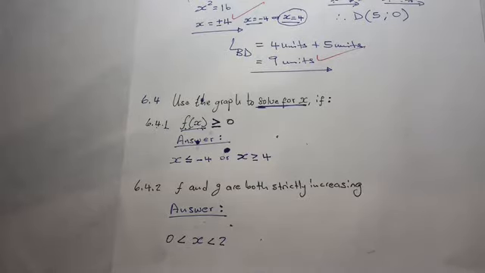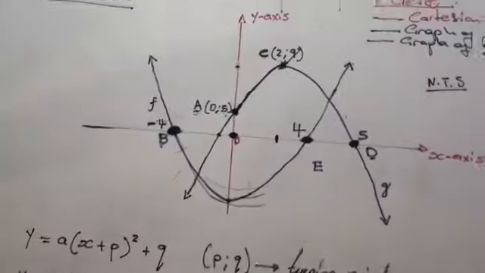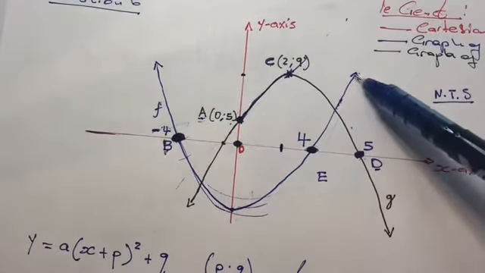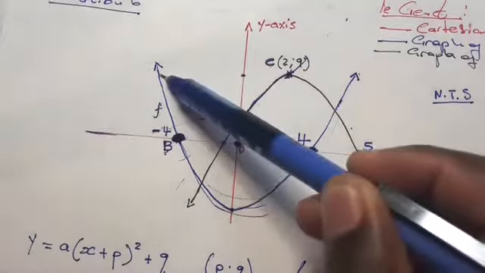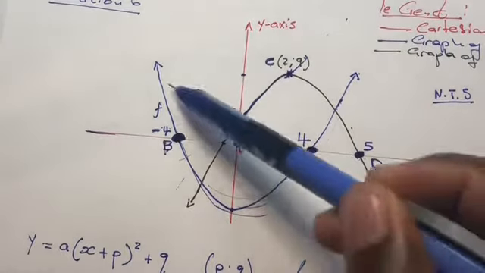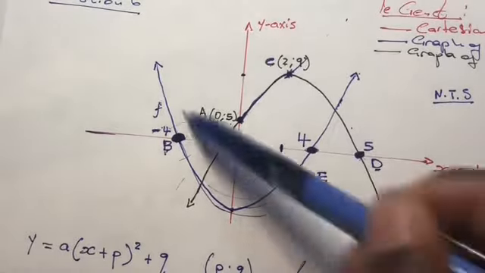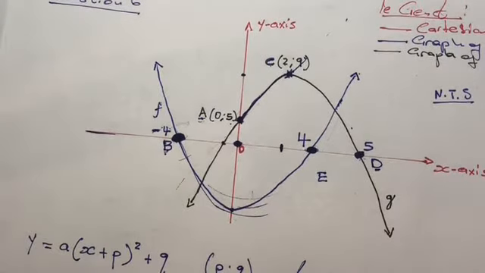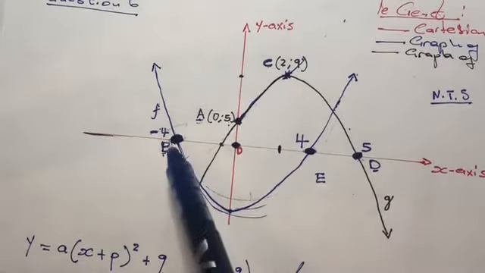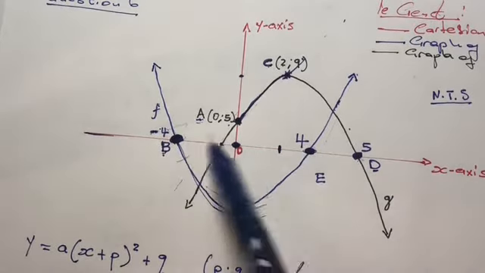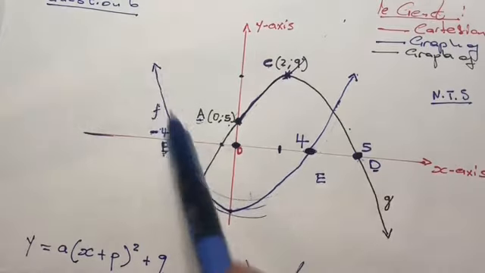So now let's have a look at the graph. Now we are concentrating on the graph of f. Always remember we've got two graphs on this Cartesian plane, the graph of g and the graph of f. So we know we've got -4, we've got 4. These are the two x-intercepts of the graph of f.